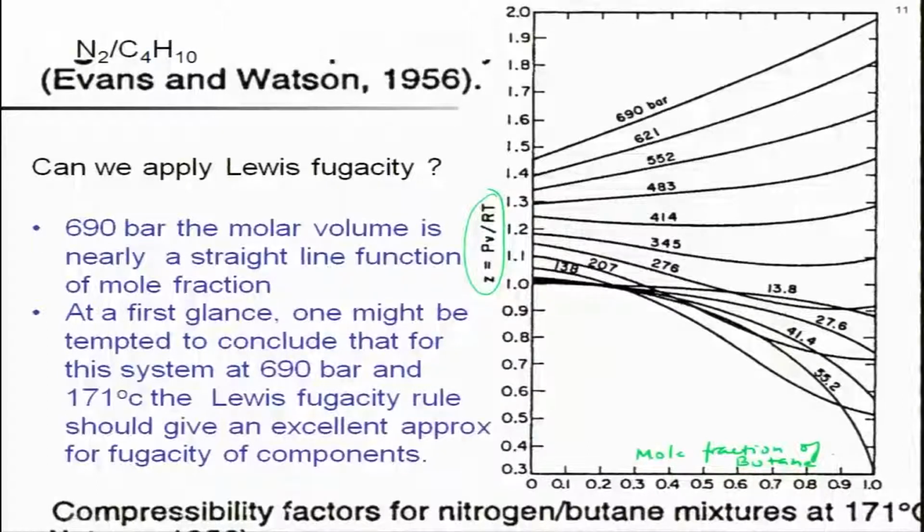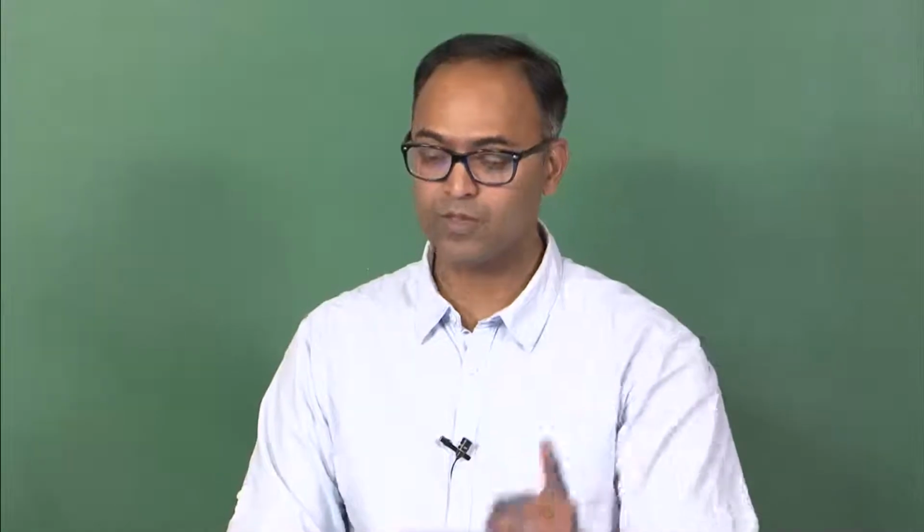So, this is the data directly from the Evans and Watson work in 1956. So, the question is, can we apply the Lewis fugacity rule here? By looking at the data, you may be tempted to think that, since the Lewis fugacity rule states that the fugacity of a component i in a mixture is nothing but the mole fraction multiplied by the fugacity of the pure component at the same temperature and pressure, it is like a linear relation.